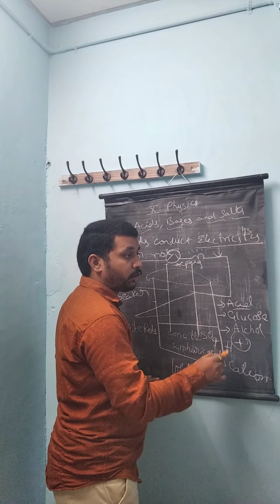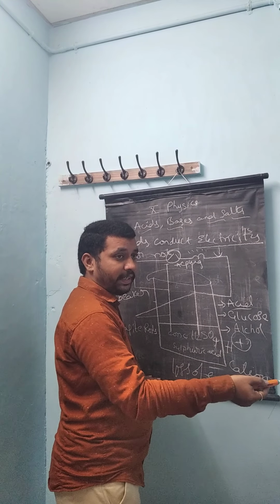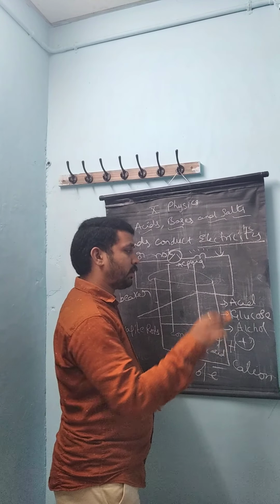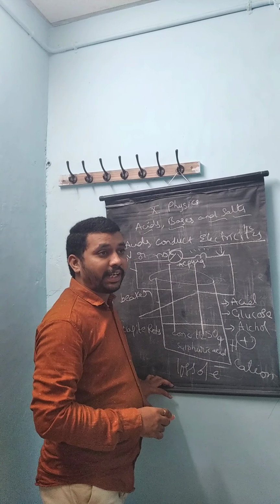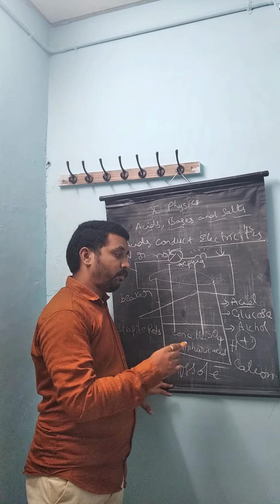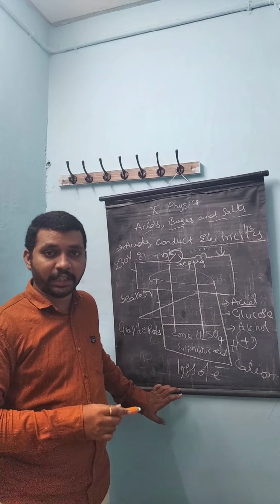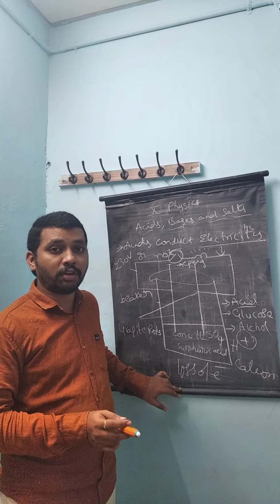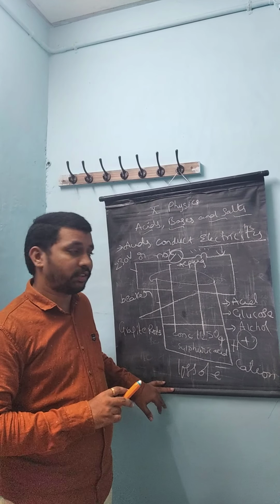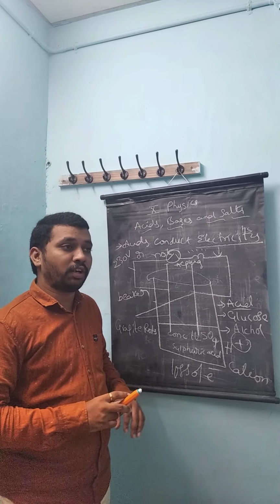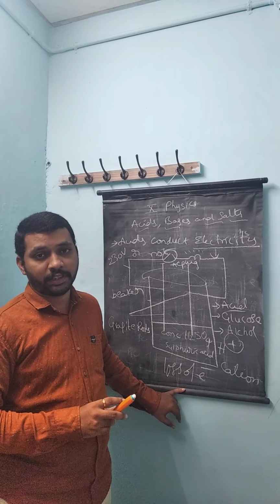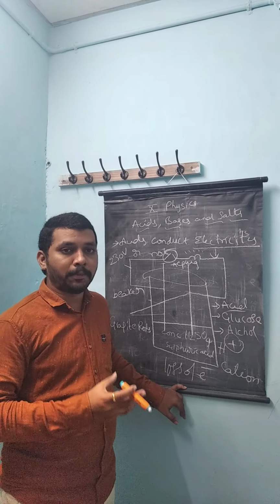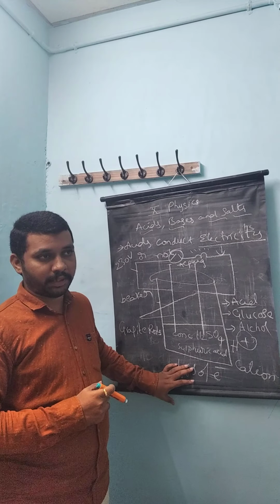The hydrogen loses its electrons into the space, which are free electrons, and those free electrons are responsible for the production of electricity. With this we can conclude that acids conduct electricity because of H+ ions, whereas glucose and alcohol do not produce H+ ions, so they fail to make the bulb glow. So that is the experiment. Okay.